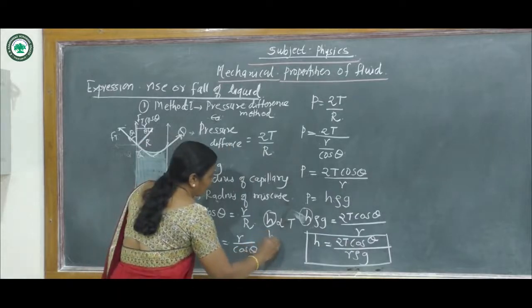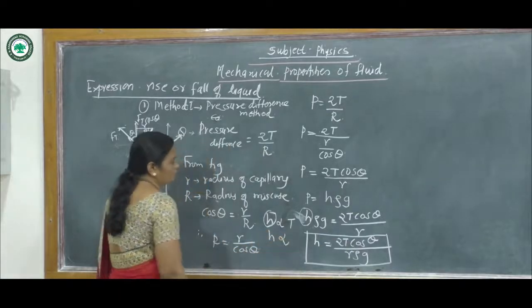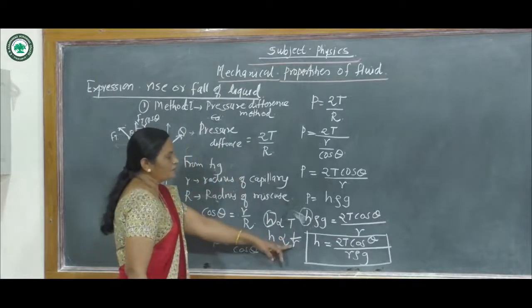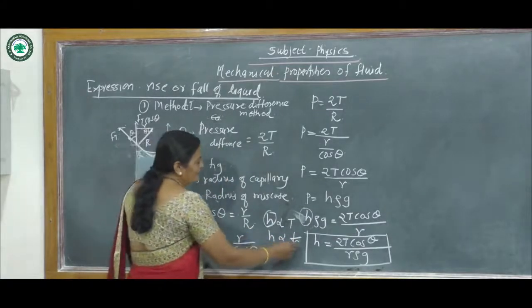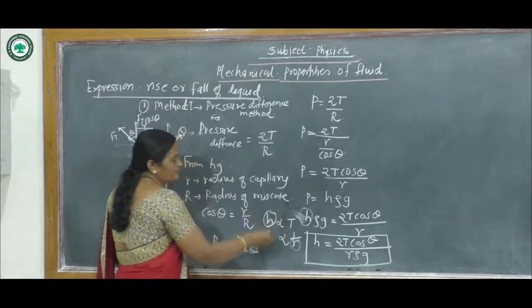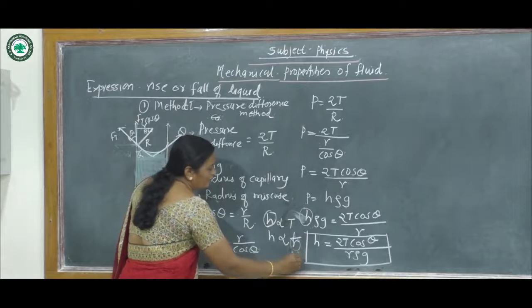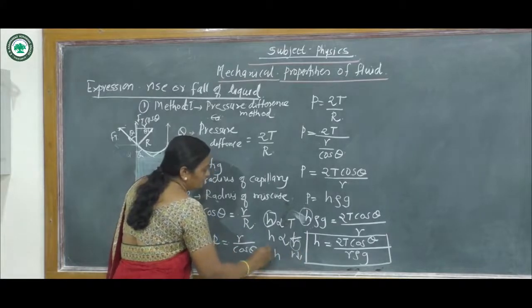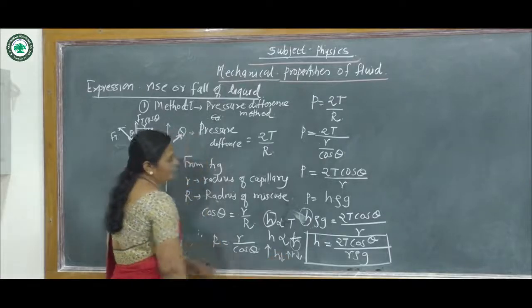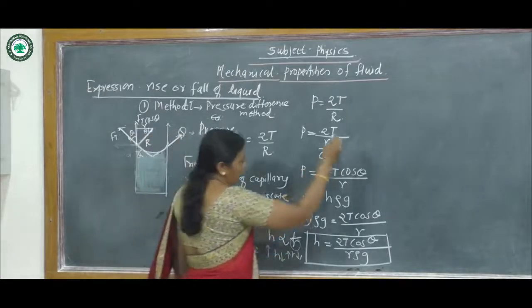H is also inversely proportional to R, that is, as the radius is small, height increases. If R is small, H is large. If R is large, H is small, that is, H into R is constant here.